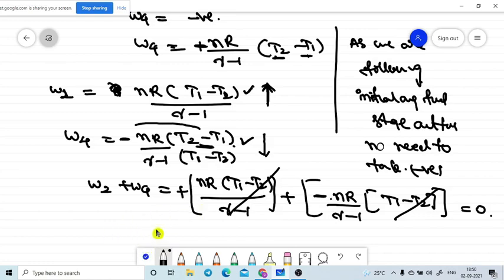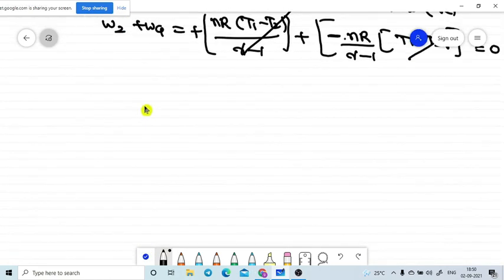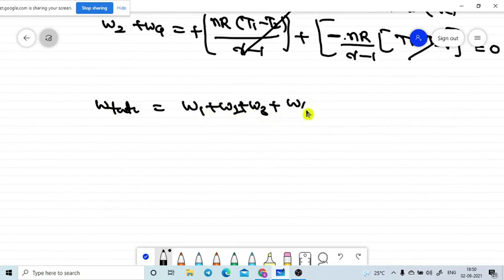Now please look at the above formula. The total work done W total is equal to W1 plus W2 plus W3 plus W4, we will add like this.